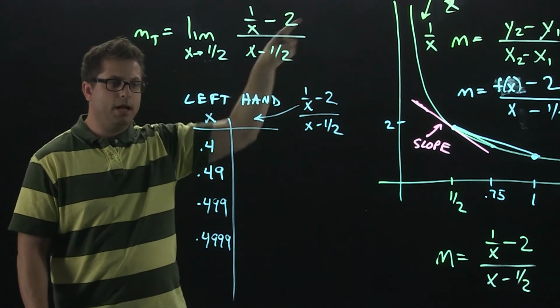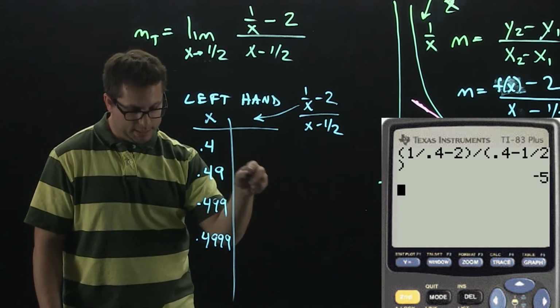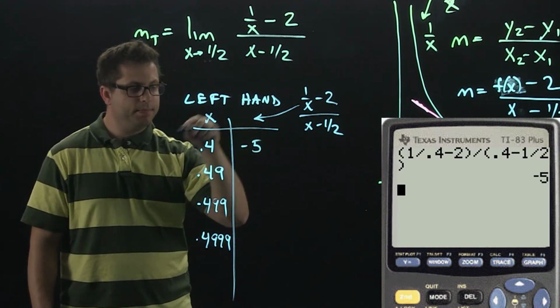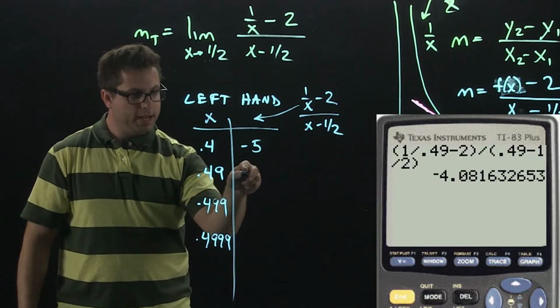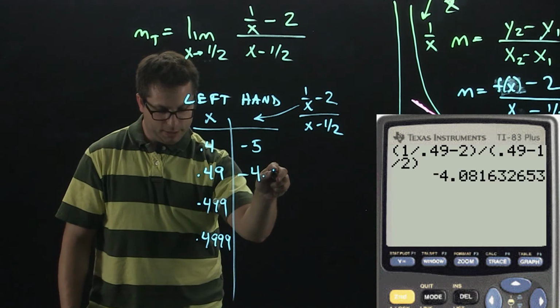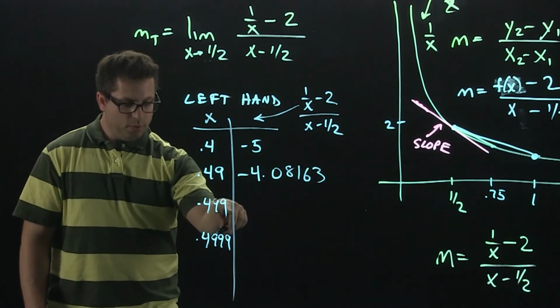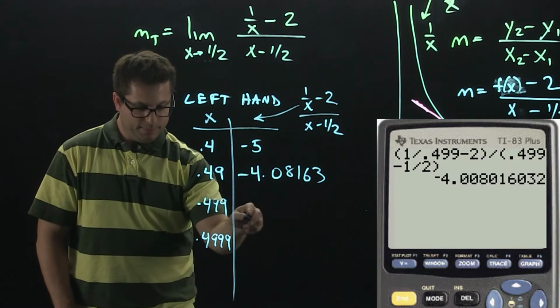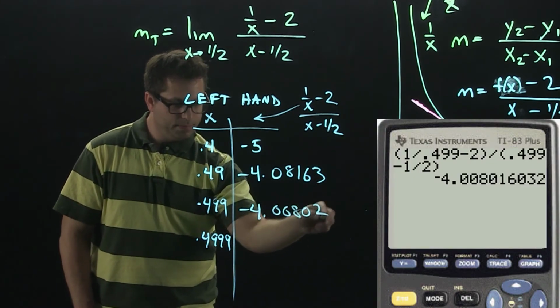On the calculator up top, you're going to see I plugged in 0.4 and I get -5. Keep going. 0.49 is going to be -4.08163. 0.499 is -4.00802.